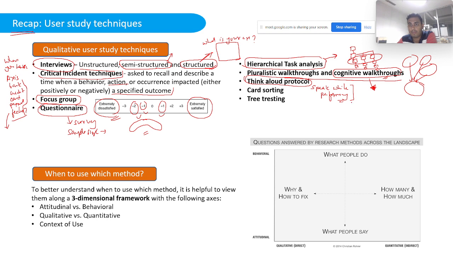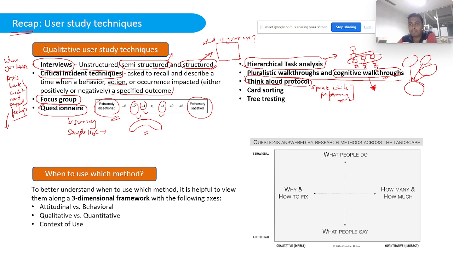So this way we'll be able to know what the key decision points are, what the cognitive evaluation phases are, how the user makes decisions, and what their mental models are about the interaction and the features in that application.